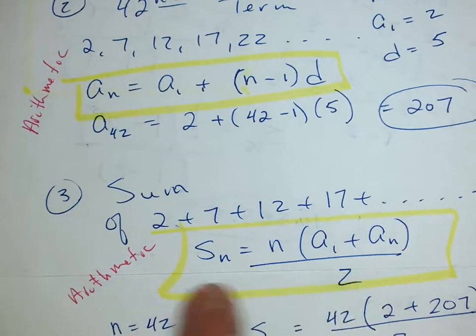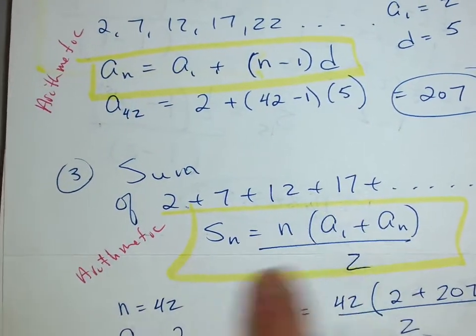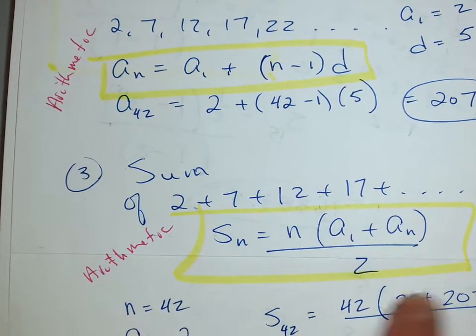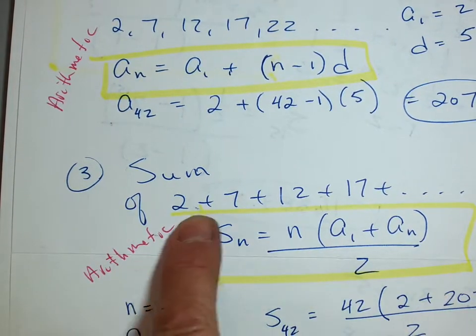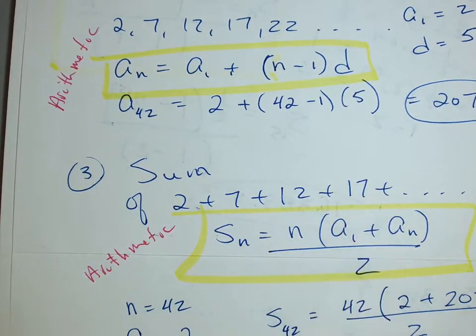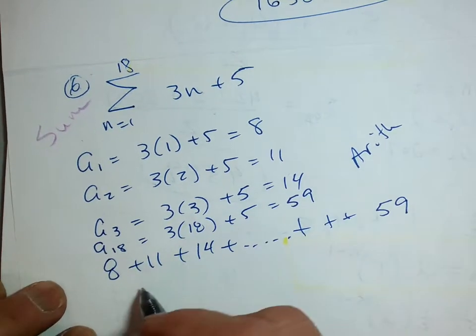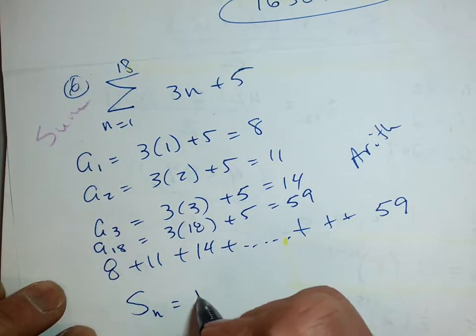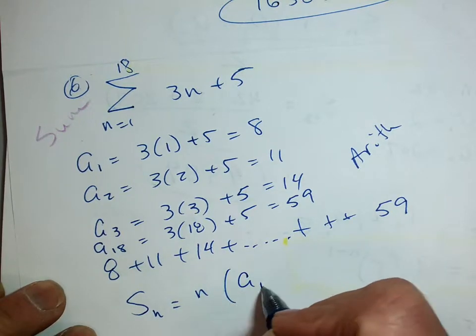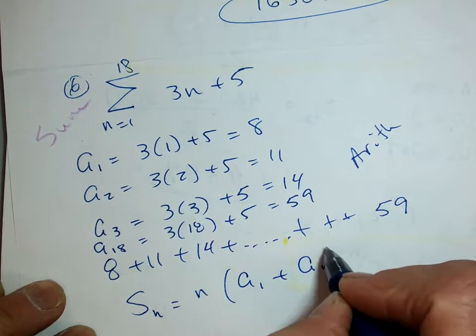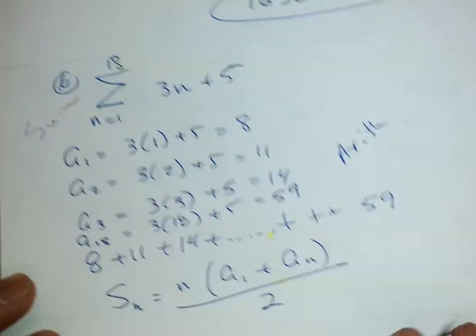I did an arithmetic sum over here, right? So let's use this formula. Instead of 2 plus 7 plus 12 plus 17, it's really 8 plus 11 plus 14. So that formula is S of n equals n times (a1 plus an) divided by 2, okay?